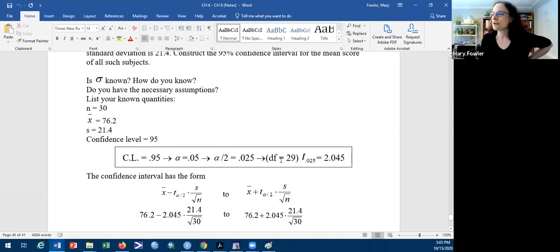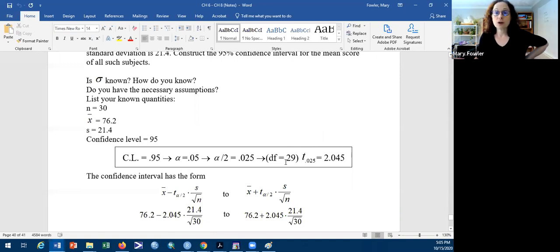But what's important here is to remember your degrees of freedom, because you have to go to the correct row in the table. The degrees of freedom is n minus 1. I didn't even mention that before, but the degrees of freedom is sample size minus 1. So in this case, the sample size was 30. The degrees of freedom are 29.